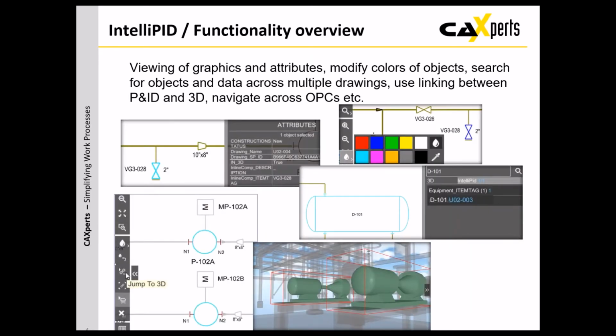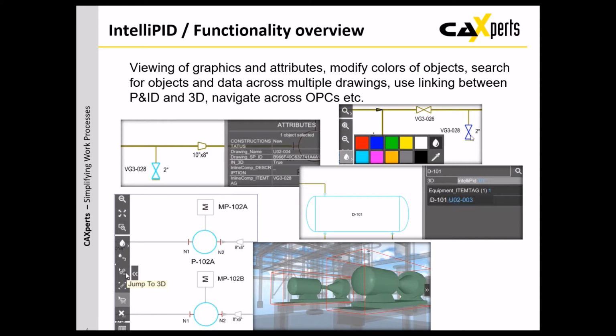From the functional overview, what I'm going to show in the live demo is the possibility to open P&IDs, click on graphical components, see the properties of those components. I will also show the possibility to change the color of existing objects, either manually or using what we call a color file.